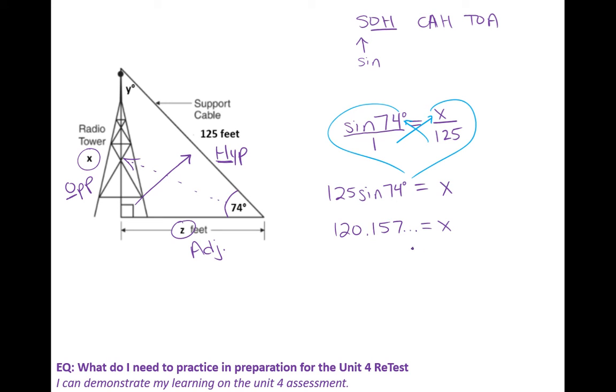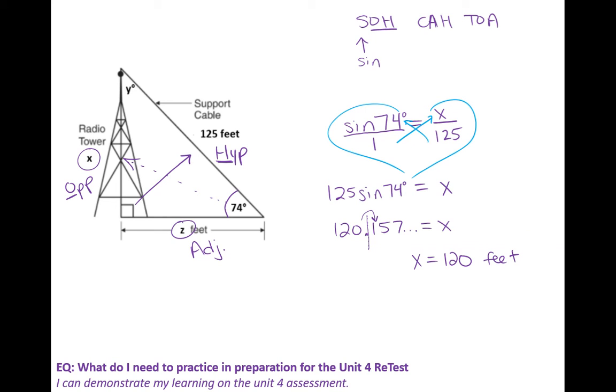On this particular question, I know that I asked for the nearest whole number. So if I round that to the nearest whole number, I want to cut the decimal off right there. So I'm going to look back. The 1 tells me to round down or stay at 0. So I would get x equals 120. And then putting units on, that would be feet.